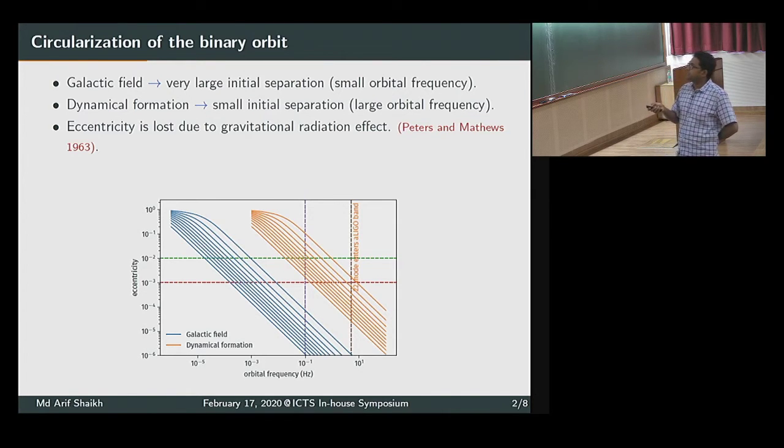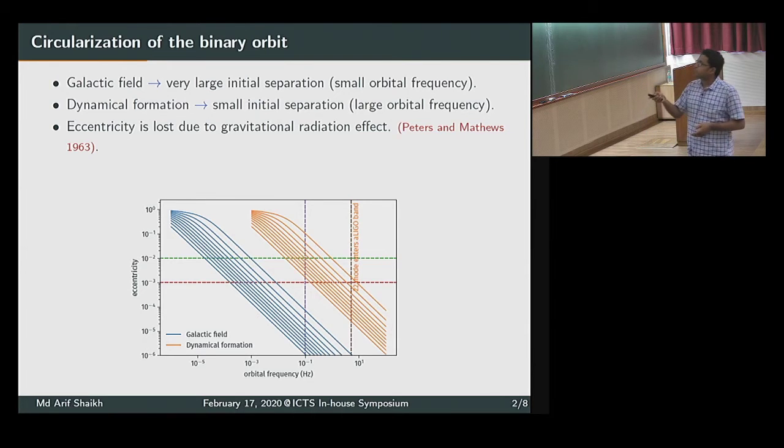This path is the same for both, and it is due to Peters and Mathews, which says that if you have an initially eccentric binary, due to gravitational radiation the eccentricity decreases, and finally the orbit circularizes. A gravitational wave detector like LIGO has a sensitive band above 10 hertz.